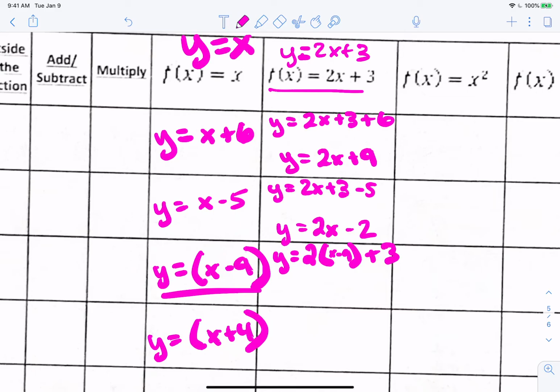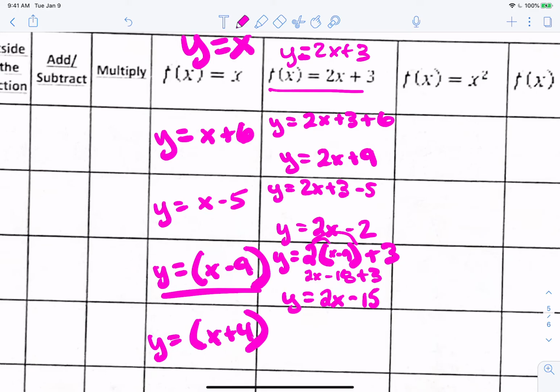It's not tacked on at the end of the function like the plus 6 and then minus 5 were. Now he is physically inside where that x is. Does that make sense? Okay? So when I do this, I have to distribute the 2 through. This one's going to take a little bit more work. So he will be 2x minus 18 plus 3, or y equals 2x minus 15.